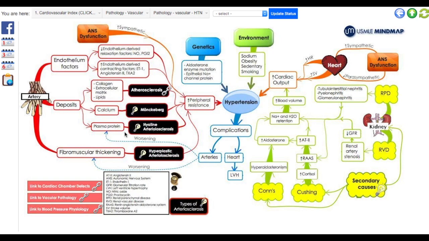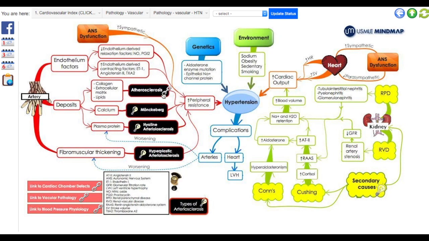It's important that when we click onto these details, the student is able to differentiate between atherosclerosis and arteriolosclerosis, and also differentiate between fibromuscular thickening. The details are then explained as the student clicks on the individual links.